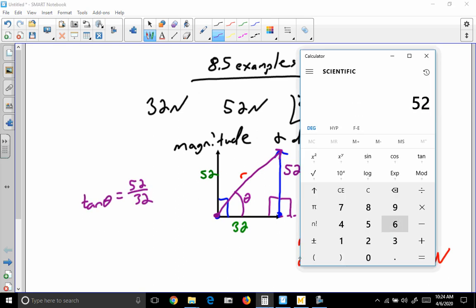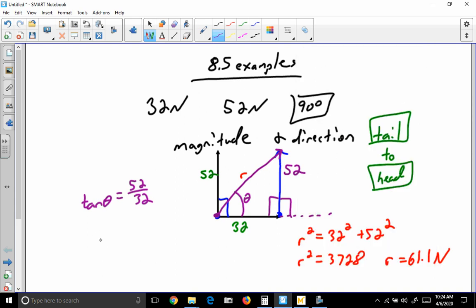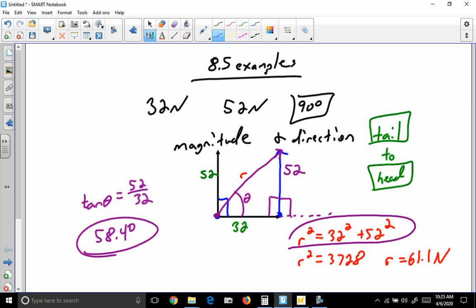If we do 52 over 32 and take inverse tangent, we get an angle of 58.4 degrees. So that's the angle here. Now this one was a little bit more simple than some because our triangle is a right triangle. But in some of the examples, that's not going to be the case, and we can't simply use the Pythagorean theorem, or we can't simply use tangent. So let's look at another example.